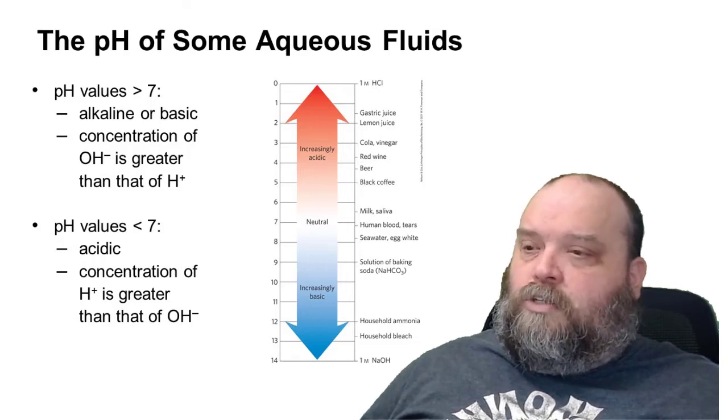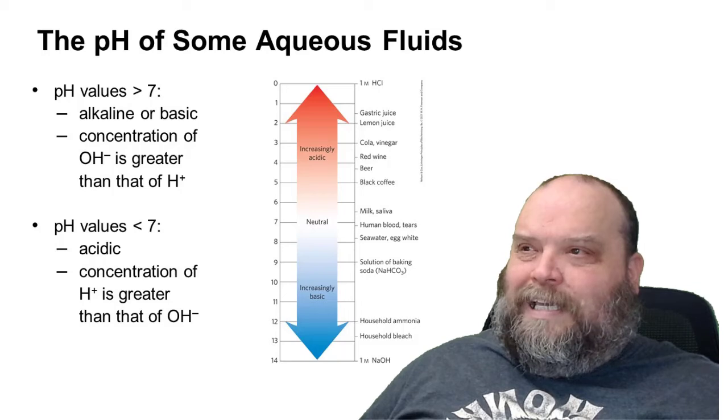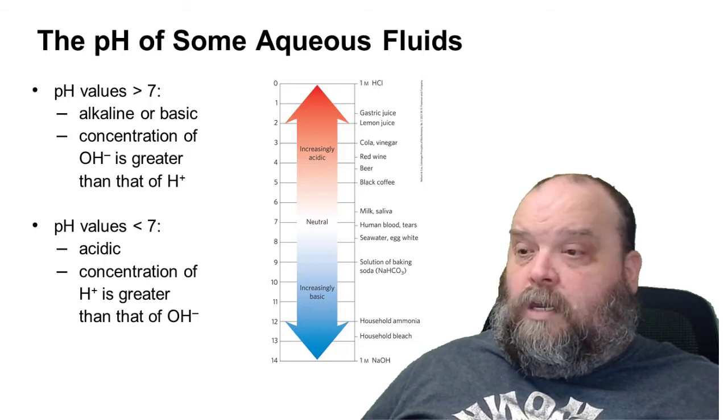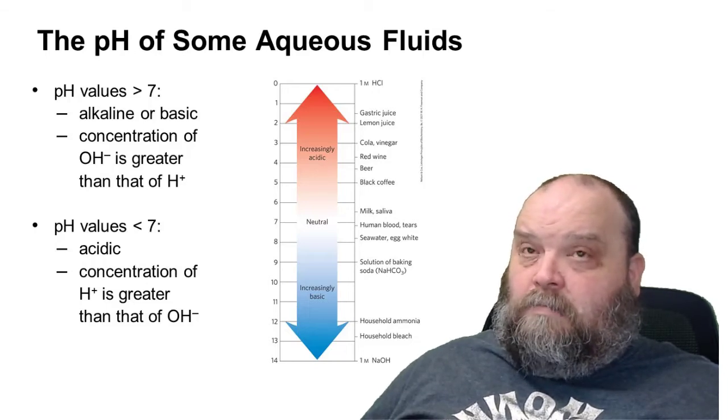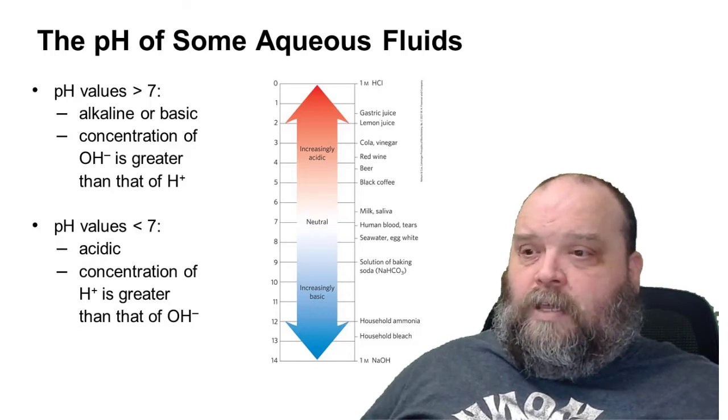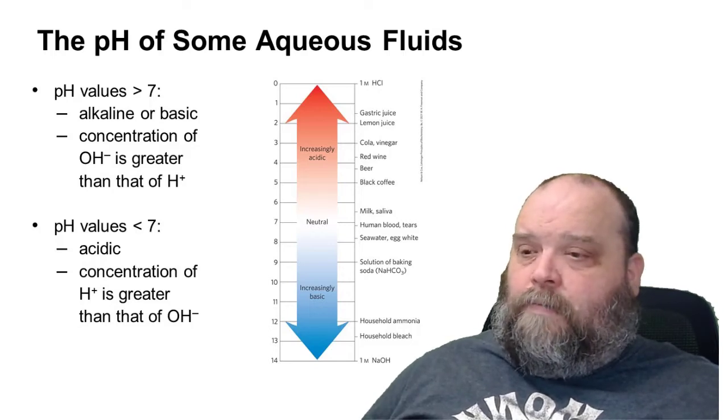The difference between 2 and 4 isn't just 2 times, it's 100 times. The difference between 5 and 8 is not 3 times, it's 1,000 times. Hence the logarithmic scale.